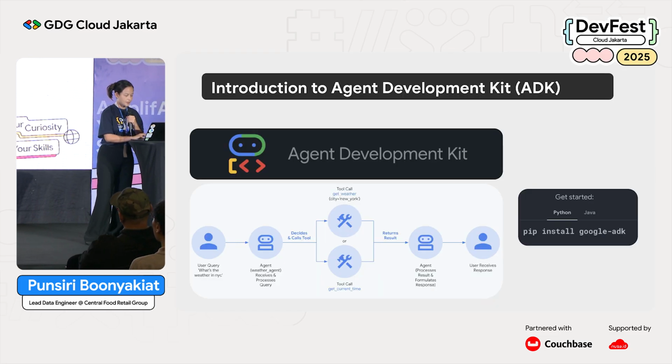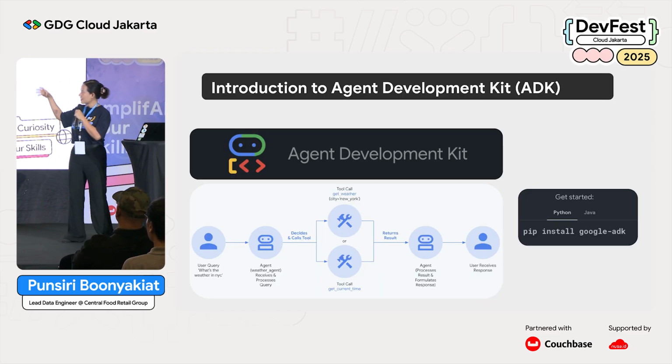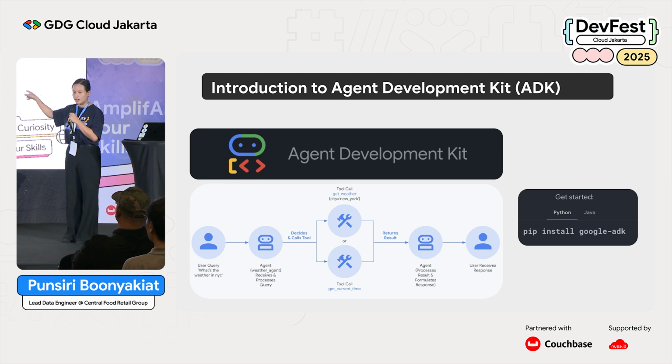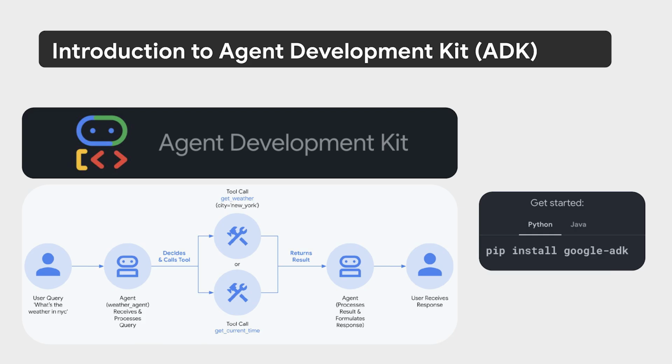So this is the diagram that shows the ADK framework. Once you build it, you will have the agent here, and when you ask your agent a question, it can think and define what to do with the user question, whether it should use a tool to answer that question, and then it will generate the result for your user.